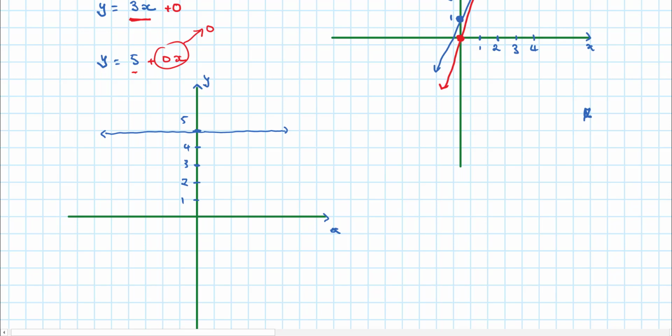There is another one that's very similar to this: x equals, say, -2. Now in this case I don't have a y, I don't have a coefficient of x. Well, I do really. The coefficient of x is 1, but it's not what we're used to. It's not y equals mx plus b.